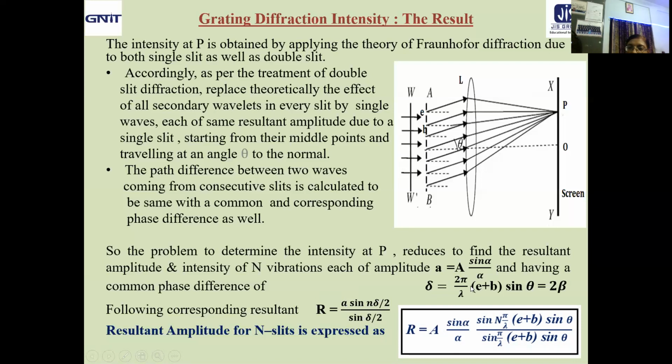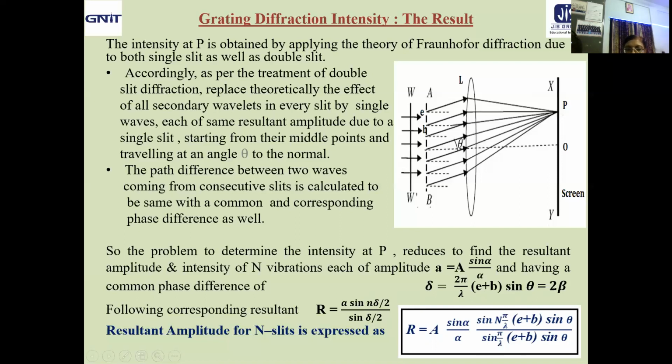Delta by 2 means pi by lambda into (e plus b) sine theta. Similarly, sine delta by 2 is sine of pi by lambda (e plus b) sine theta. And mind it, delta equals twice beta, so delta by 2 means beta. You can express it in terms of beta too.